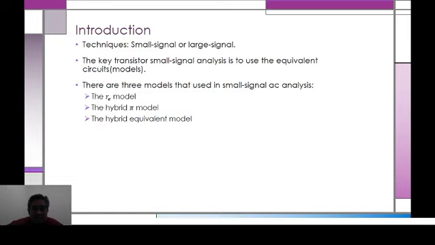The first one is the re model, the second one is the hybrid pi model, and the third one is the hybrid equivalent model. But in our syllabus we only focus on re models. So what is the re model? I will introduce it later. Now we move to the next slide.